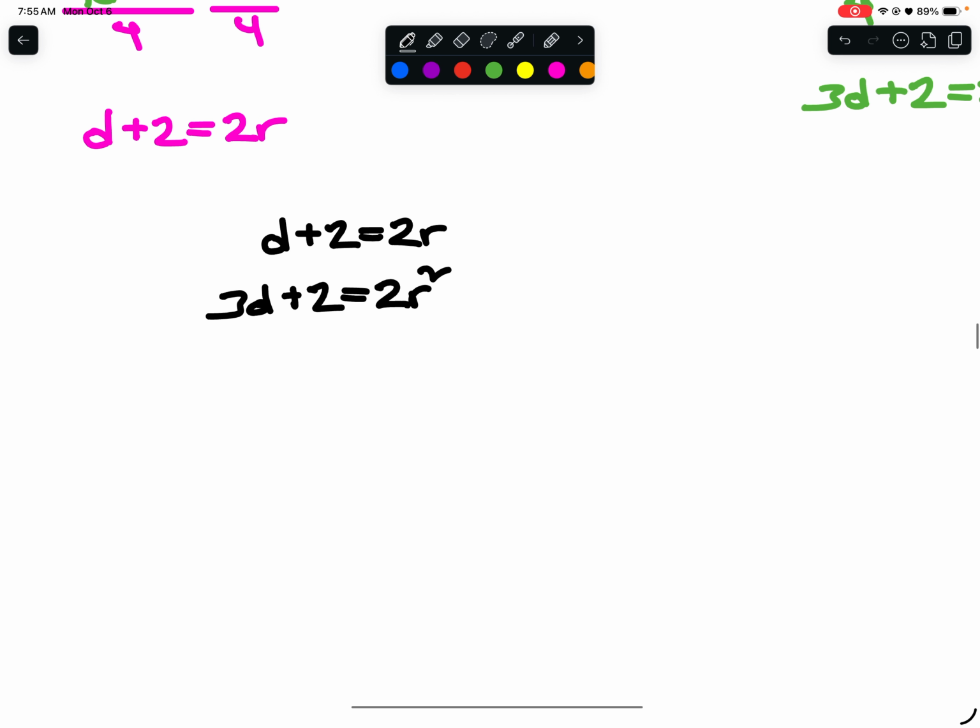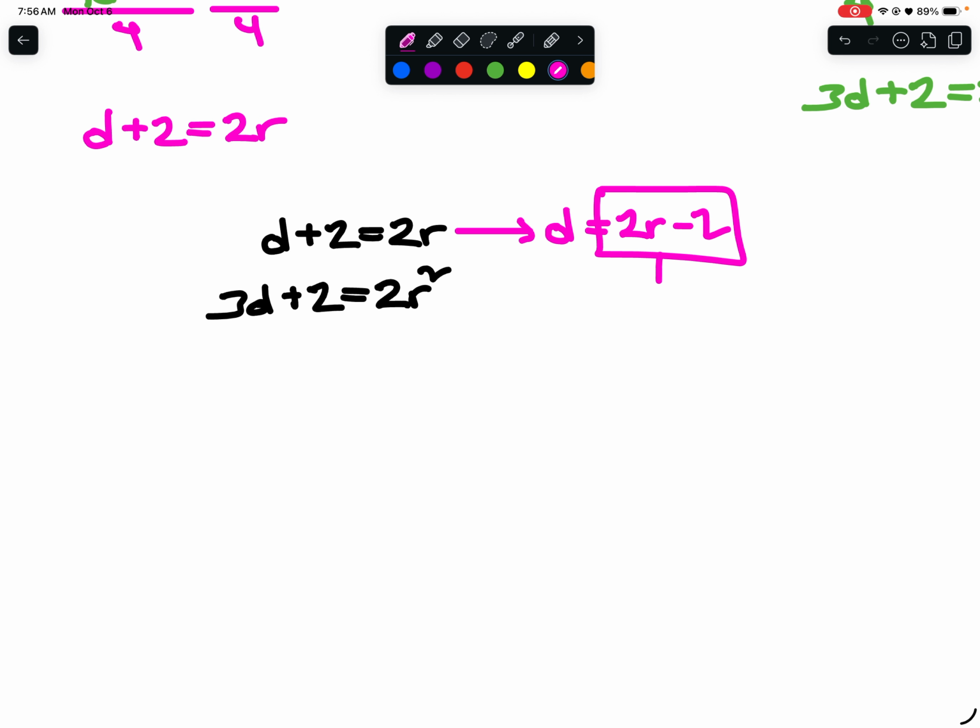So what I'm going to do is take this top equation here and solve it for d. So I'm going to have 2r minus 2, and then I'm going to sub in 2r minus 2 into this d value in the other equation. So I'm going to solve this system by substitution.